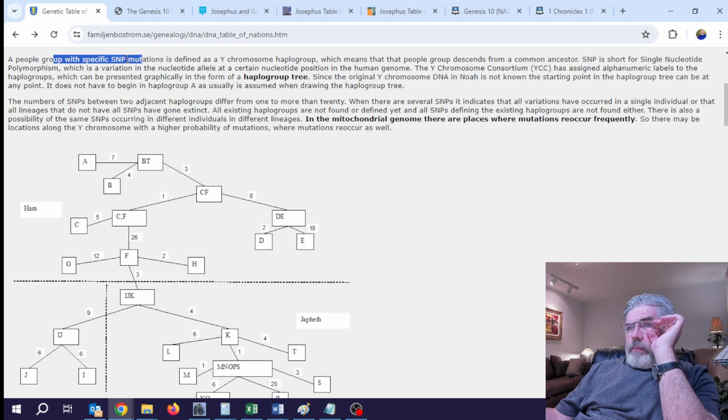They're labeled by these letters, and from what I've gathered, when they originally labeled these, they just made some assumptions, so you can't derive too much from the letters. Somebody said, okay, we see this in this group, let's call it A, and we'll call this one B, and this one C. So don't read anything into that. It doesn't mean that A is the one from Noah and B is from Shem. It's much more complicated than that, from what I gather.